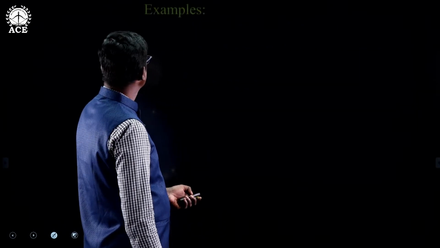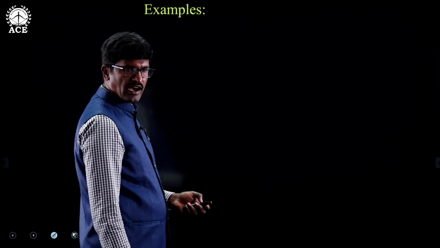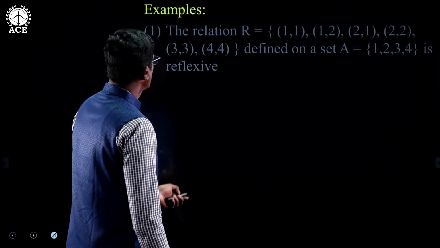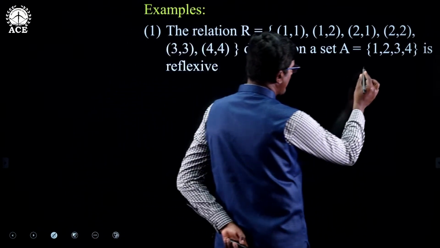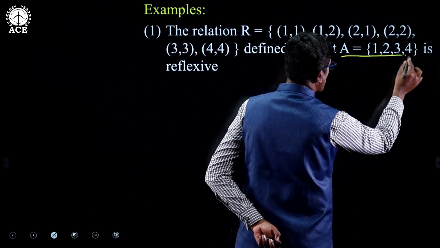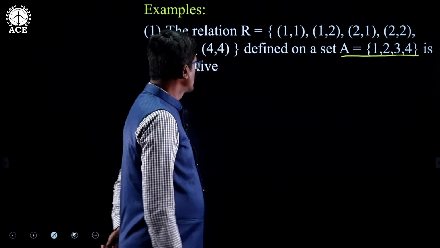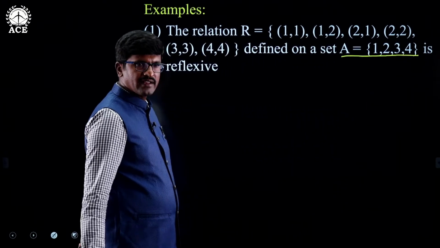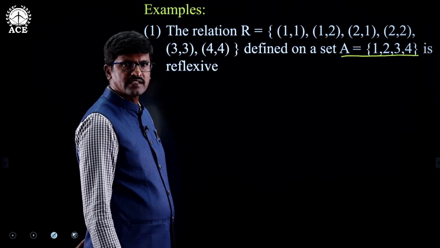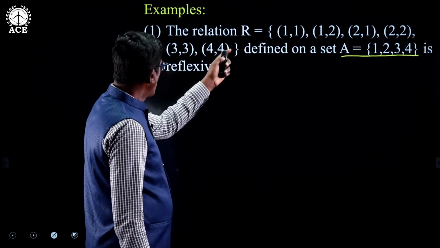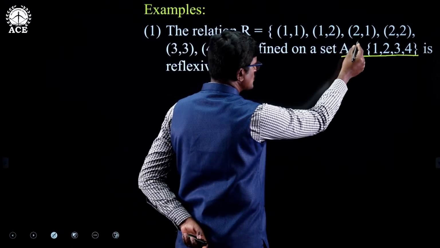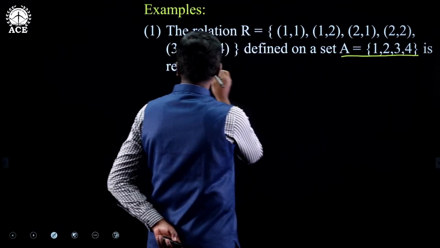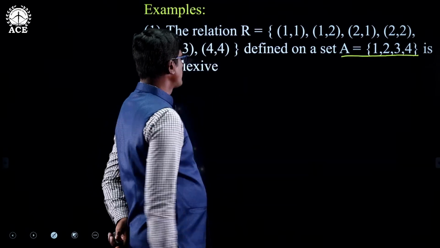Now we'll see the examples for this reflexive and not reflexive relations. Here I am taking one relation. R is the relation defined on the set A is equal to {1, 2, 3, 4}. So here R is a binary relation which is defined on the set A. Now R consists of all the ordered pairs (1,1), (1,2), (2,1), (2,2), (3,3), (4,4).